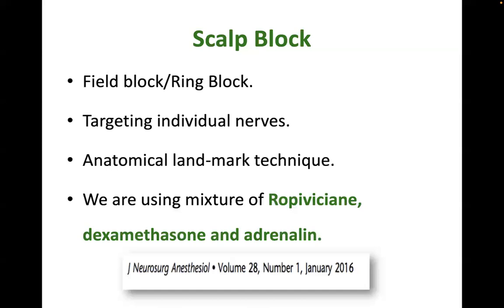One can use ropivacaine, bupivacaine, lidocaine, and the commonly used additives are dexamethasone and epinephrine. Because the ring block requires a lot of local anesthetic in a huge volume, it's mandatory to mix epinephrine with it. So don't use it without epinephrine unless you have diluted it to a strength of 0.25%.